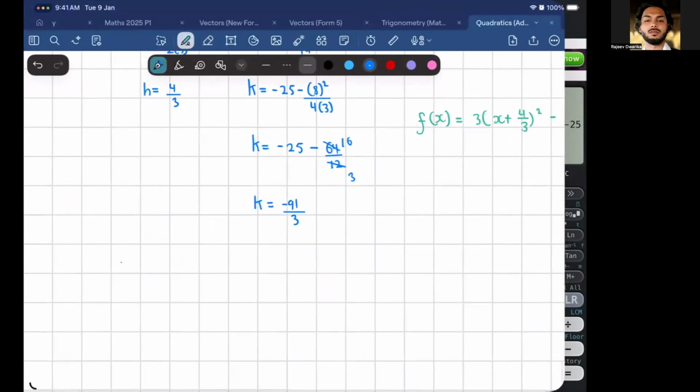Notice I say point. I didn't say minimum or maximum value. But if it was value, it'd be correct. I'm asking you for the minimum or the maximum turning point. That will be given by minus H, comma K.